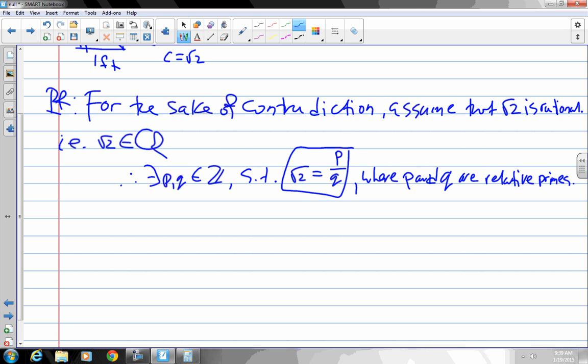That means they do not have any common multiples.